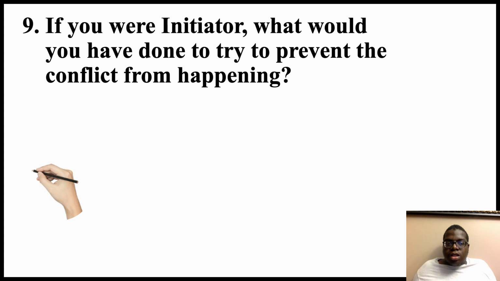Read the question. Question 9. If you were initiator, what would you have done to try to prevent the conflict from happening? Think about the snippet. Now think about responder's emotional response. What would I have done differently so that the conflict would not have happened? I would have watched where I was walking.